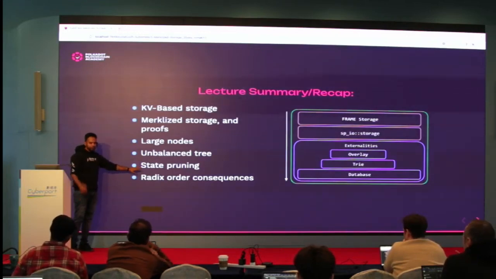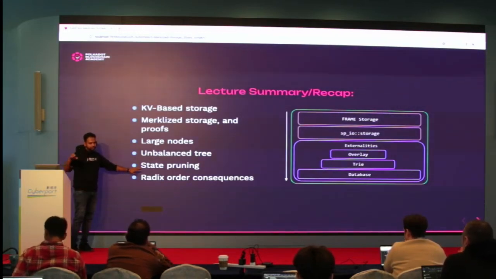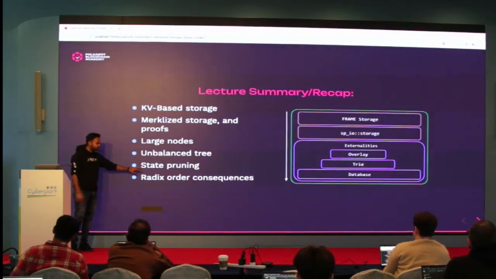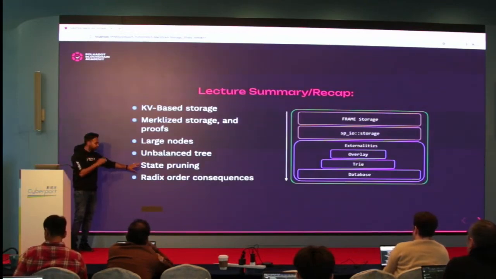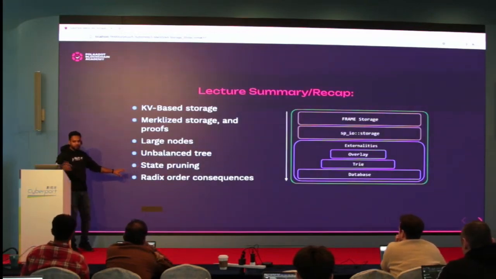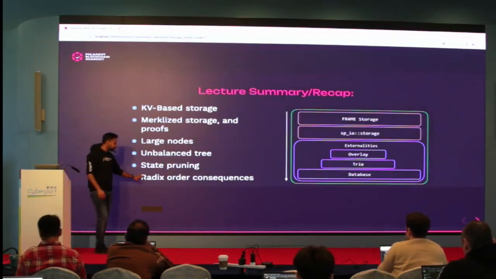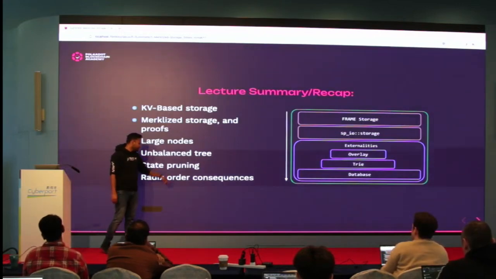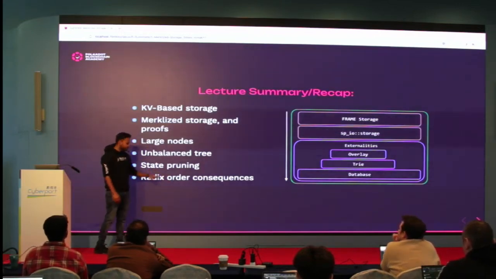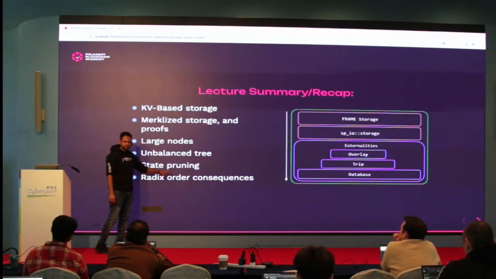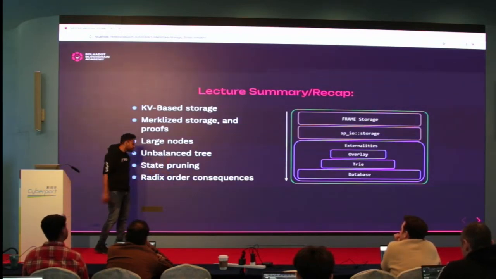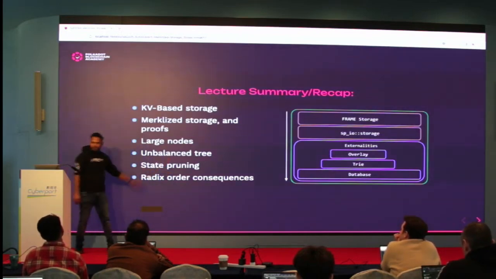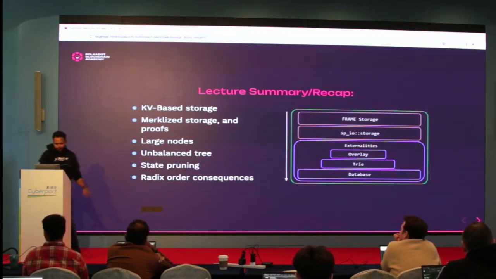We learned how Substrate nodes prune old data and keep only a few blocks of state, and there are archive nodes that keep state for all blocks. We learned about base 2, base 16, base 100, whatever you want to take, and the trade-offs for that.